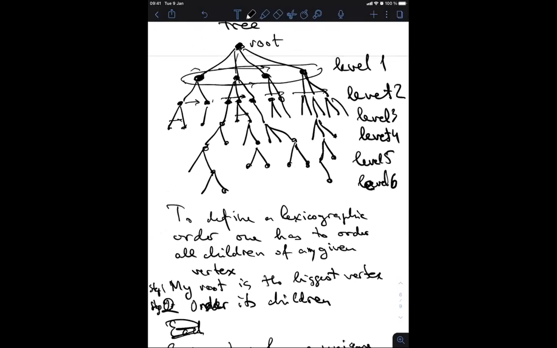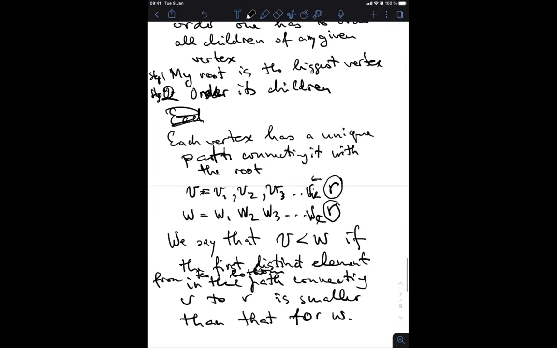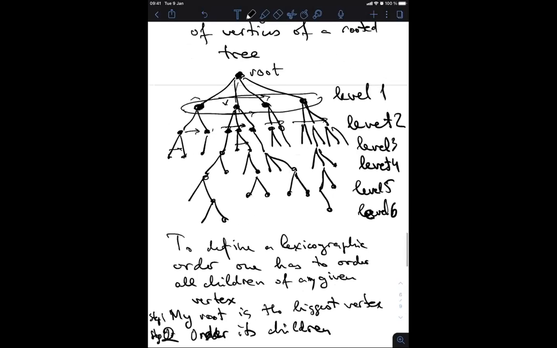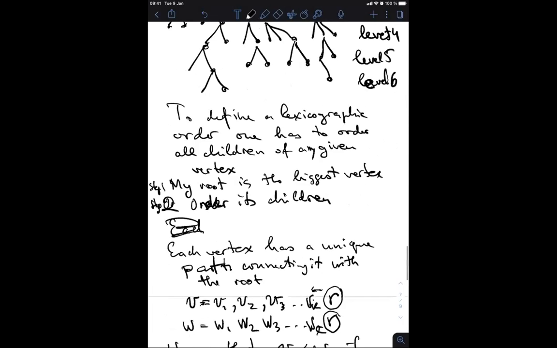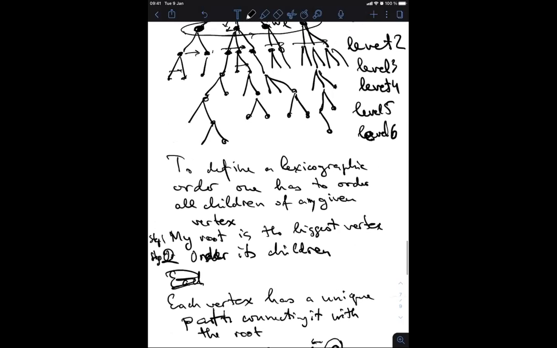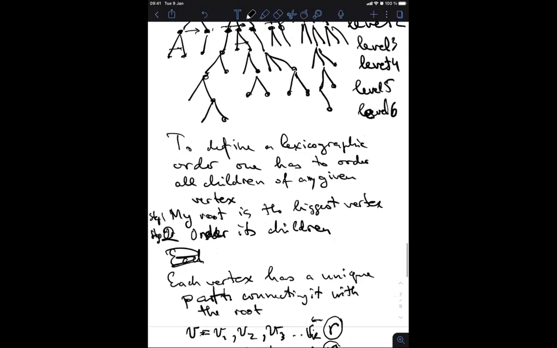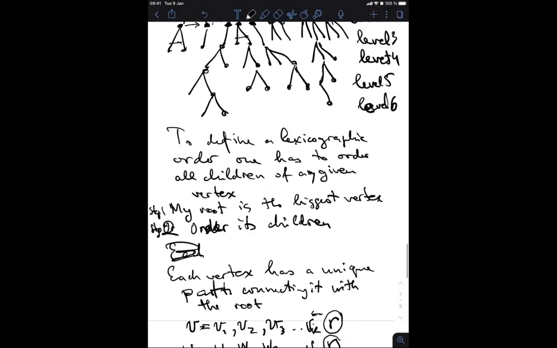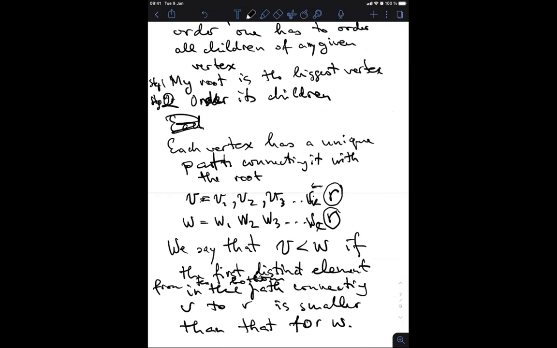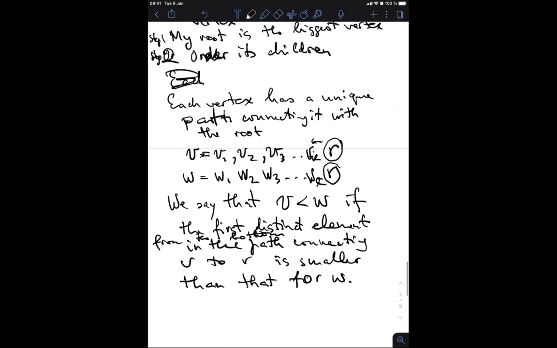So we have VK here and WL here. If WL is bigger than VK, then we're saying the whole W is bigger. If they are the same element, say assume that they are the same, then we have to move further.